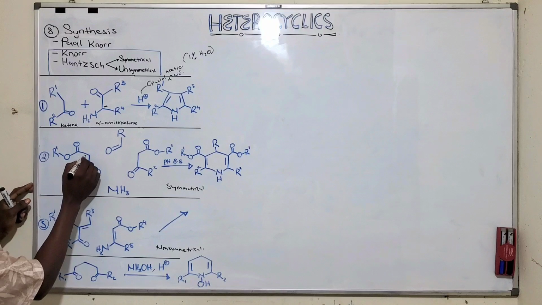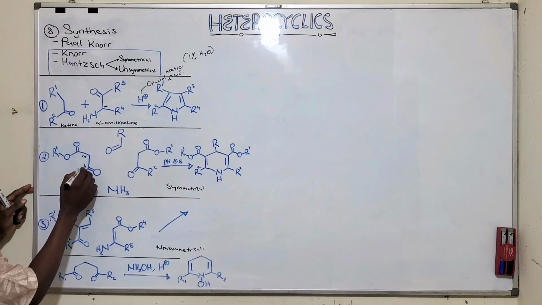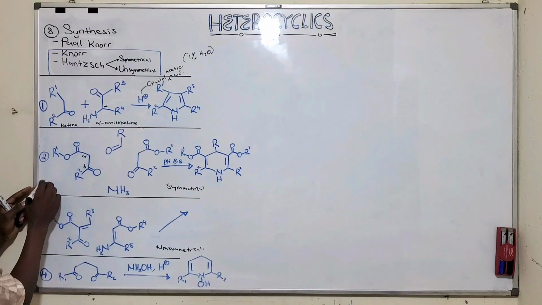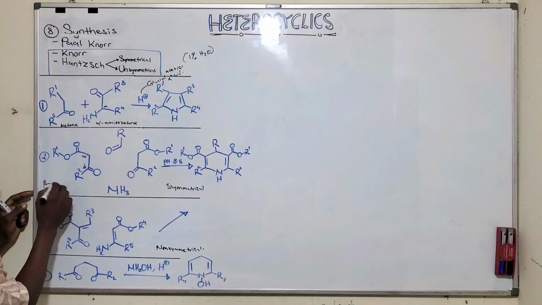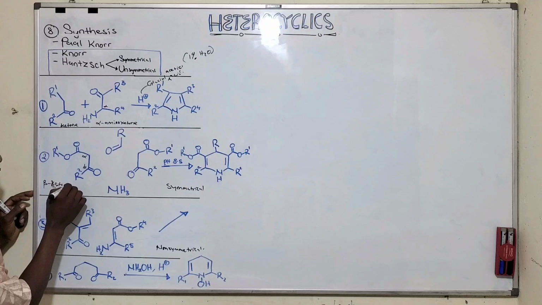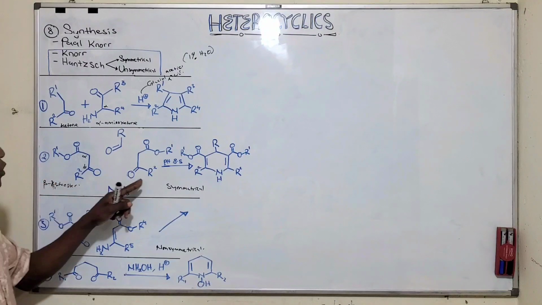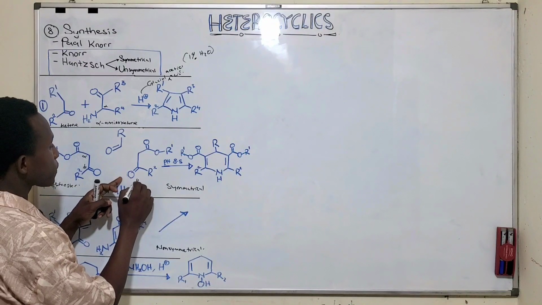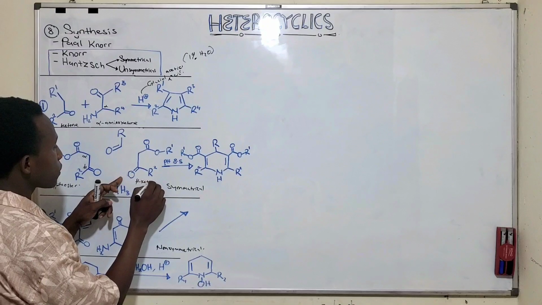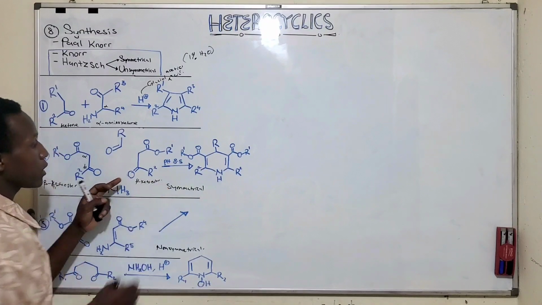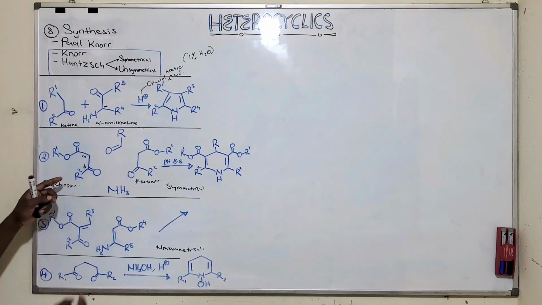So this is the alpha position from the ester. This is the beta carbon. So it is a beta keto ester. Also, this one is a beta keto ester. They are the same, this one and this one.